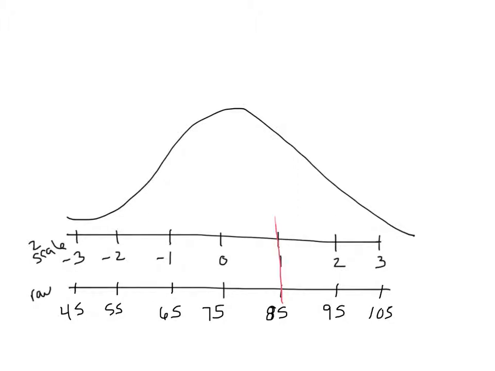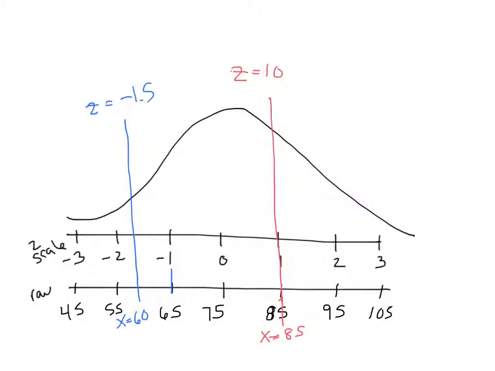So we had a z of 1.0 equals an x of 85. We already have the mean plotted, and we have separately a z of negative 1.5 for our x equals 60 value.